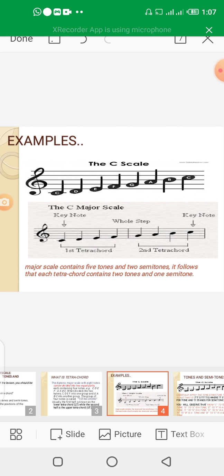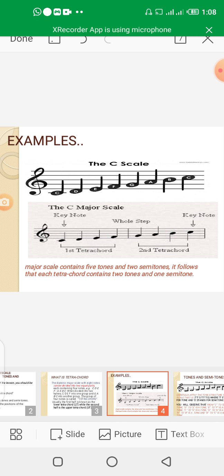Now look, from C to D is a tone, from D to E is a tone, and from E to F is a semitone. Hope you understand. Now check the second tetrachord, that's the upper tetrachord.